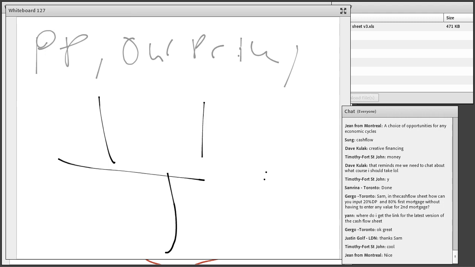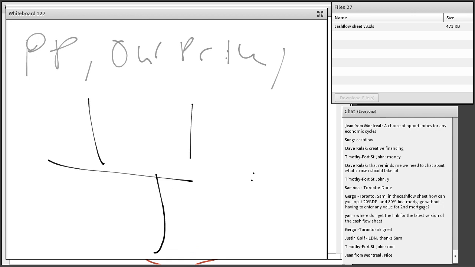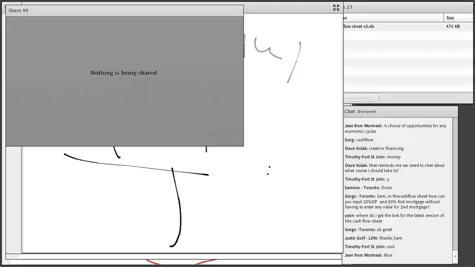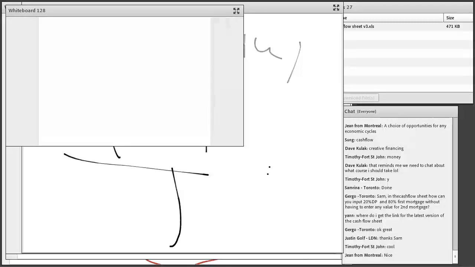There we go. Sorry, my screen kind of went crazy there with shape and size. Here we go. Let's just get a new share real quick before we wrap up.